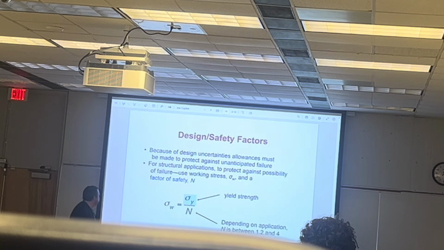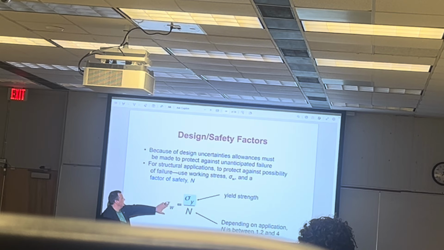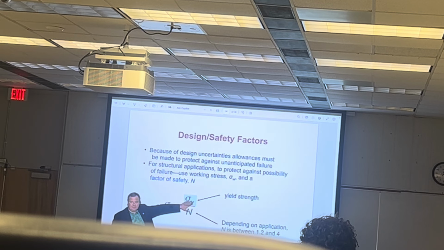So the safety factor is this number n, which is the stress level that the part is going to see compared to the yield strength. So we're never actually reaching yield strength.